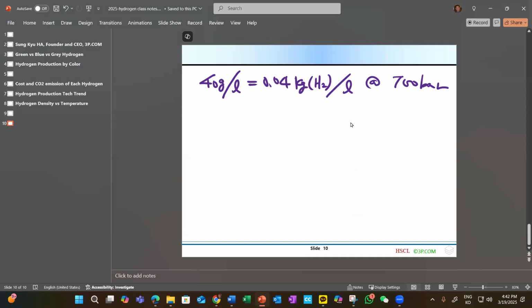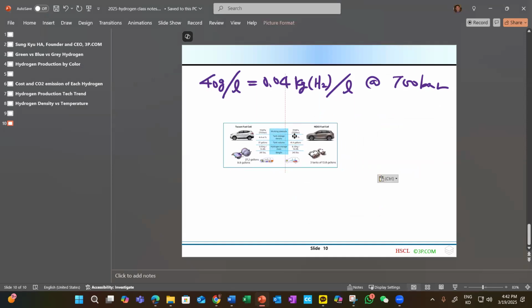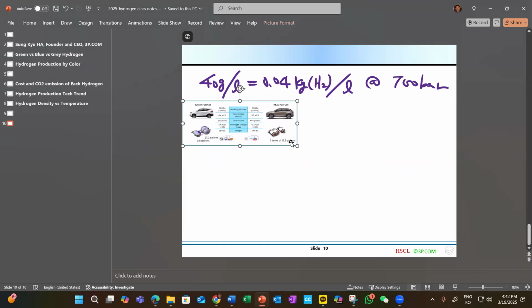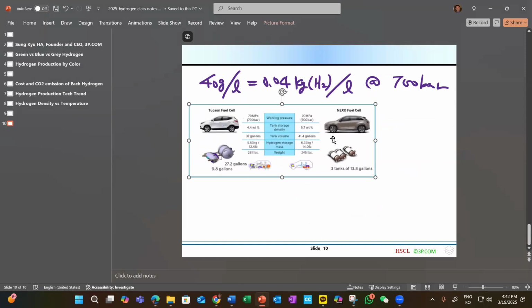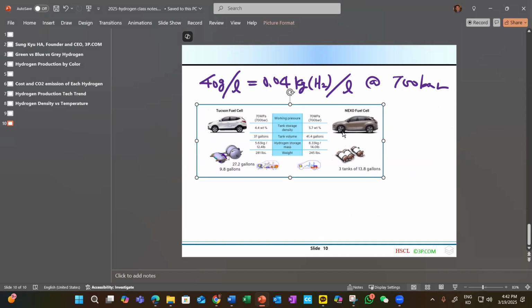We briefly covered this topic, but I want to relate the real fuel cell car and how much hydrogen is stored, and why that much hydrogen is stored, using this chart and characteristic chart.